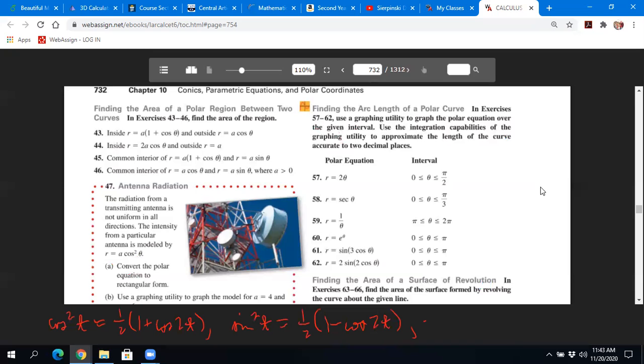The double angle for sine of 2t is equal to 2 sine t cosine t. What about cosine of 2t? There were several versions of this. The most common one is cosine squared of t minus sine squared of t. But you could also replace cosine squared and sine squared with their Pythagorean equivalent.